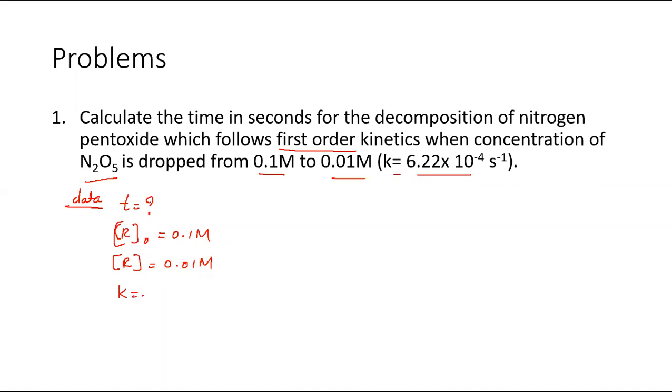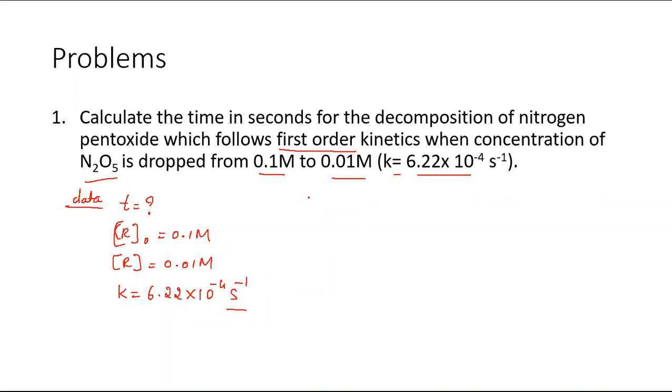What is the value of K? 6.22 into 10 to the power of minus 4 per second. Just observe here, K value, the unit is per second. So obviously the time will be obtained in seconds itself. If it is in minutes, then you have to convert it into seconds by multiplying with 60, because 1 minute is equal to 60 seconds.